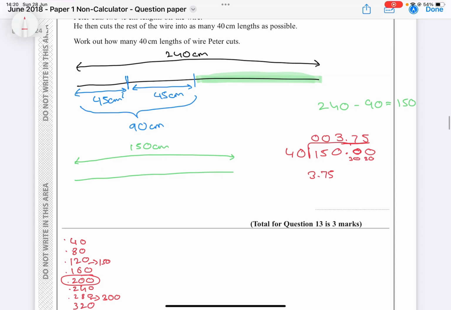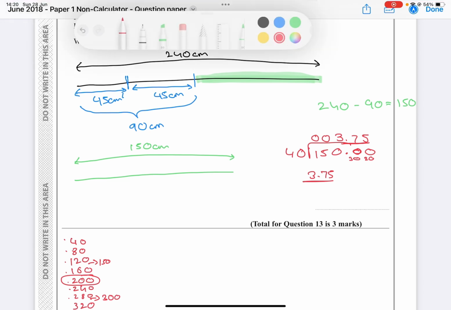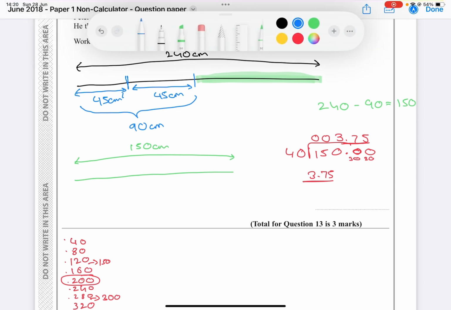3.75, okay? But let's just put this into perspective a little bit. We can't have 3.75. 3.75 basically means that we have 3 whole lengths. So 1, 2, 3. So we have 3 whole lengths of 40 centimeters. So 40 centimeters, 40 centimeters, 40 centimeters, okay?